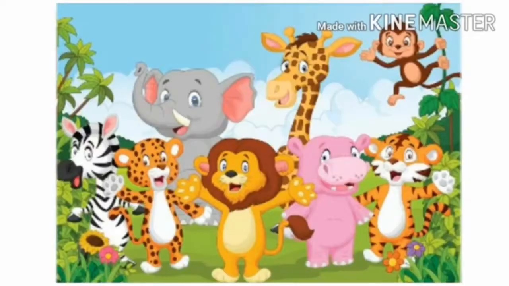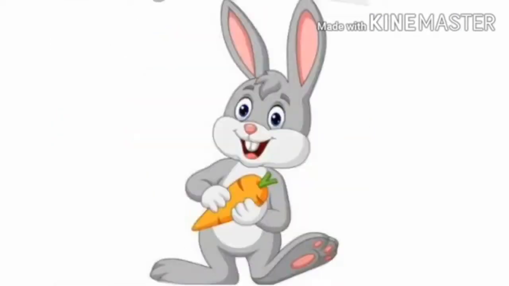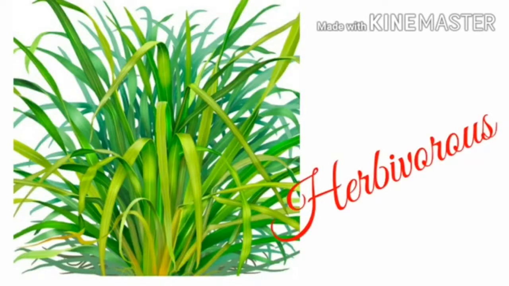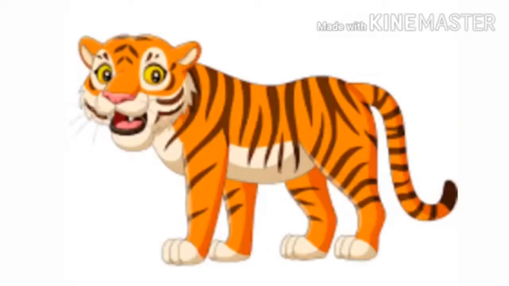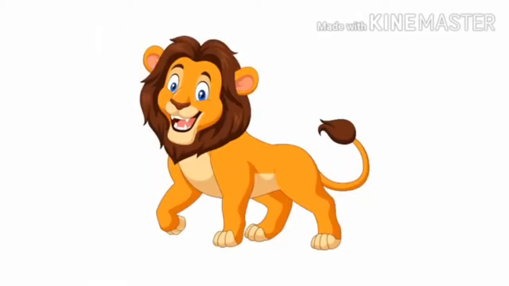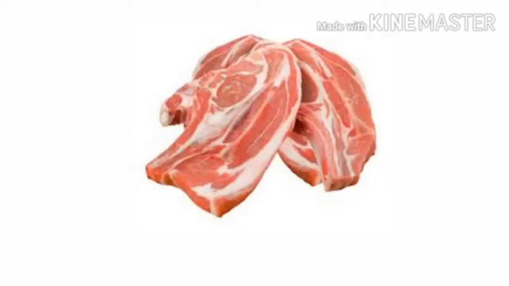Animals like cow, goat, rabbit, deer eat grass. So they are called herbivores. Animals like tiger, cheetah, lion, and crocodile eat flesh of other animals.